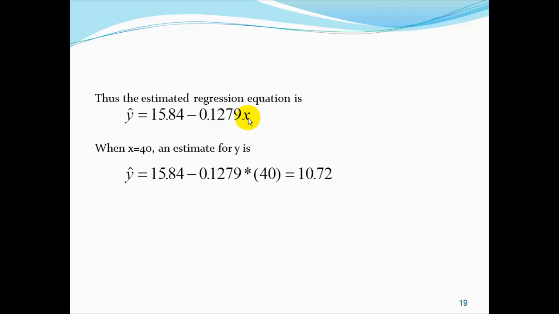So for this problem, if our x value is equal to 40, we can estimate that our y value would be equal to 15.84 minus 0.1279 times an x value, which is 40. This gives us a y estimate of 10.72 as our fuel consumption when the temperature is 40 degrees.